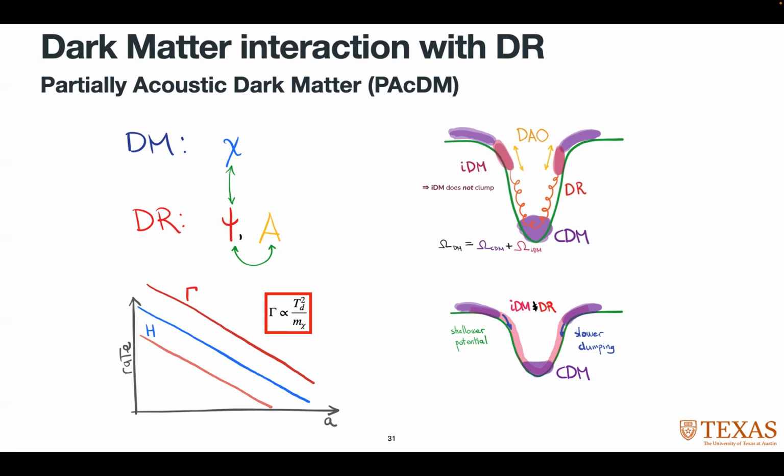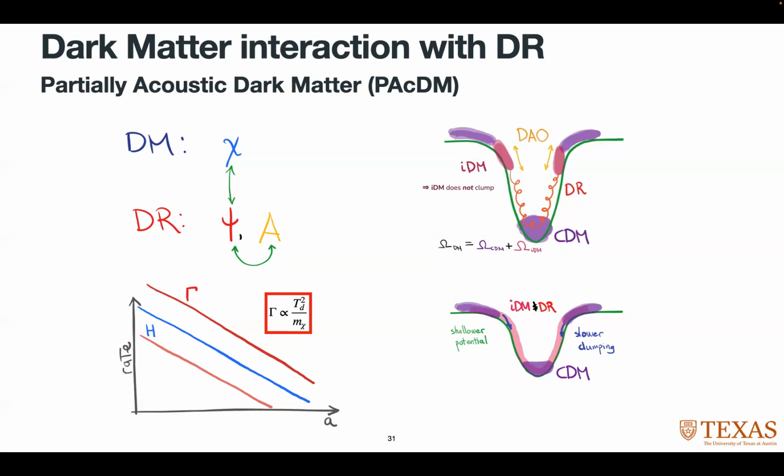This interacting dark matter is coupled to dark radiation. You can think of this as a dark photon, and this is a dark electron, and this is a dark proton. In the model, the dark proton and dark electron are very tightly coupled. So even though there are some interactions between those things, this gives a very strong interaction.